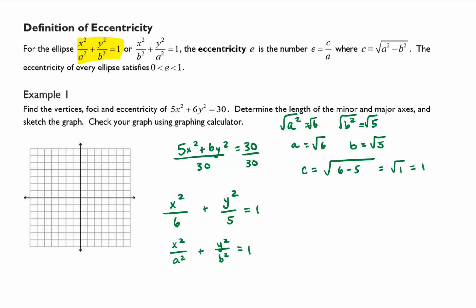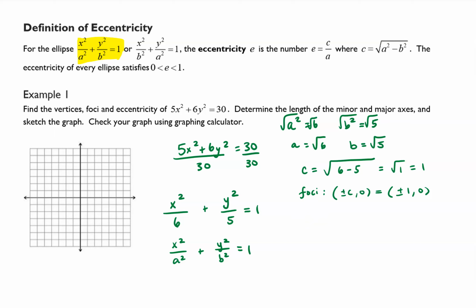And that's going to help us locate our foci. So we know that our foci are at plus or minus c comma 0, which in this case, our c value is 1, so plus or minus 1 comma 0.